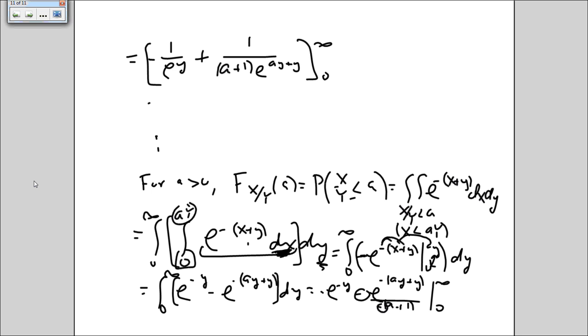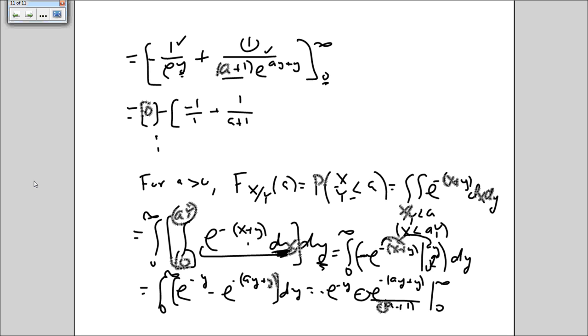When you plug in infinity, this will be 0, and so will that one. So you get 0. Minus. Now you plug in 0. E to the 0 is 1. So you get negative 1. Plus, you have 1 on top, you have a plus 1.